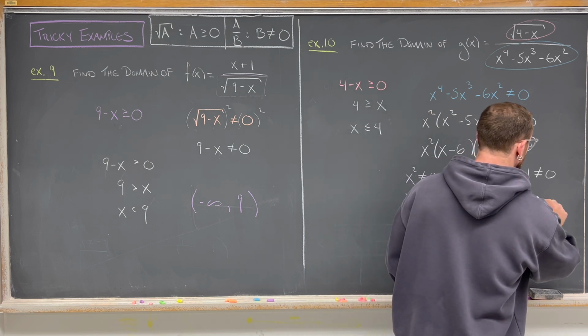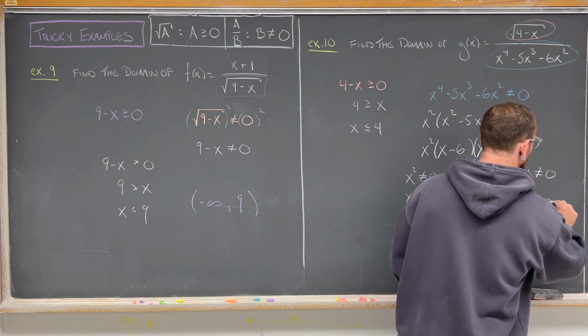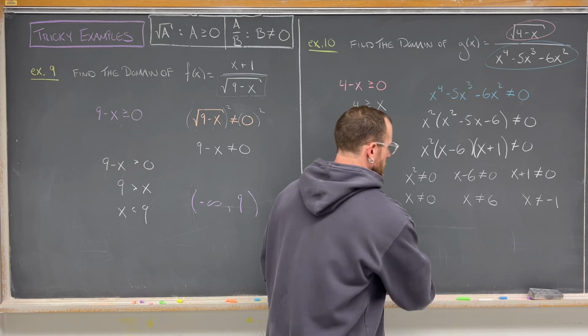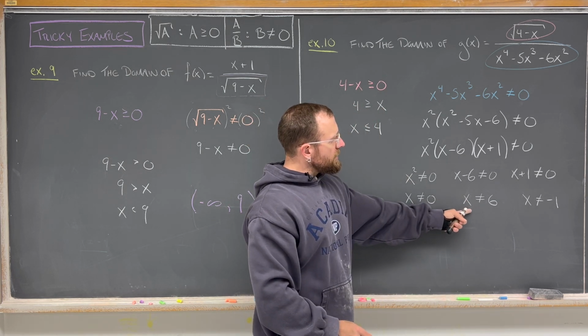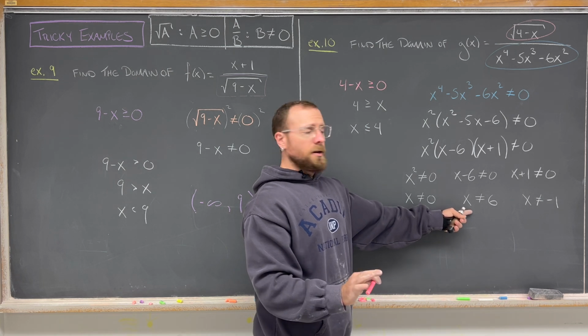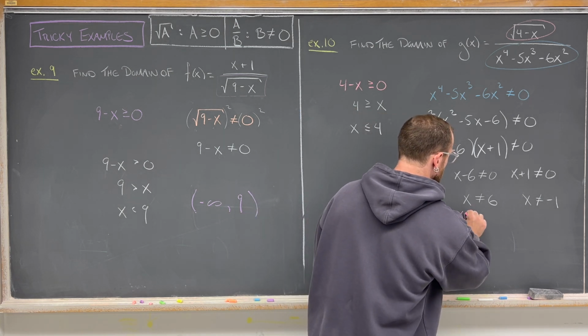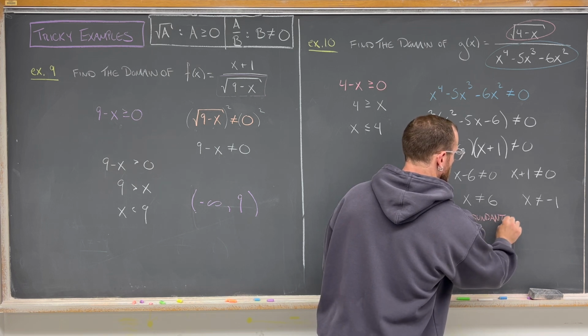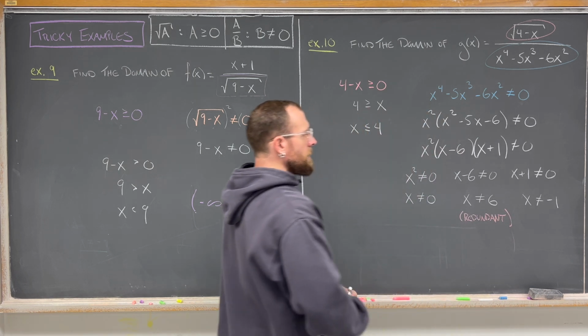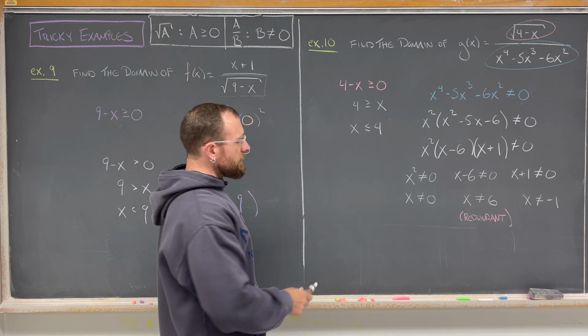And x is not negative 1. Now, I already knew that x was less than or equal to 4. So to tell me that x is not 6 is not anything new. This one right here is redundant. That'll happen sometimes. Okay? But the other ones are telling me new information.